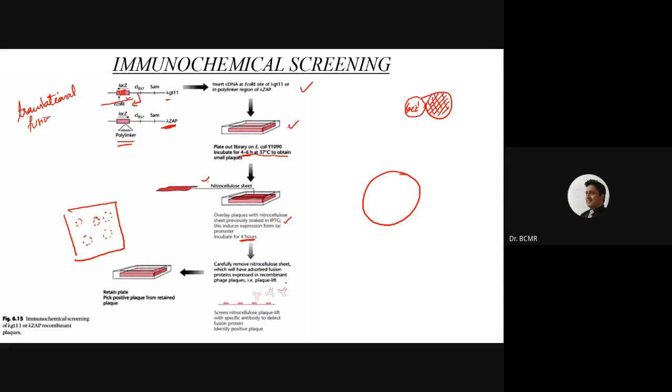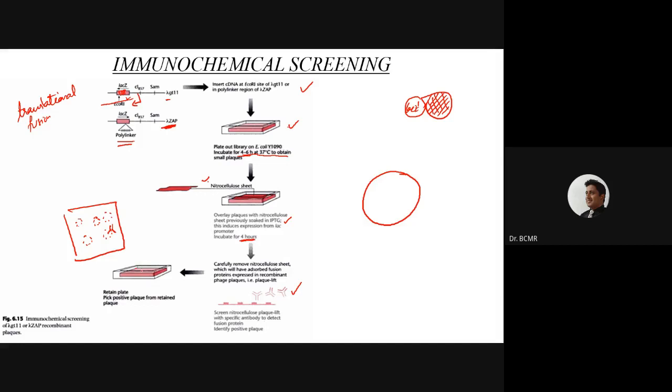And now you will add antibodies. Here you're adding antibodies for the specific protein that you want to find. The antibody may bind to one of the plaque regions, because you have retained your master plate.